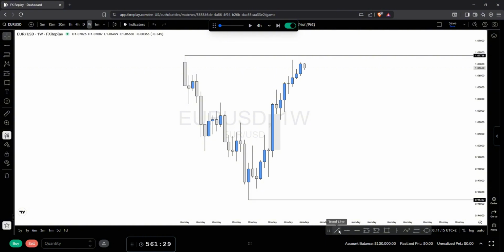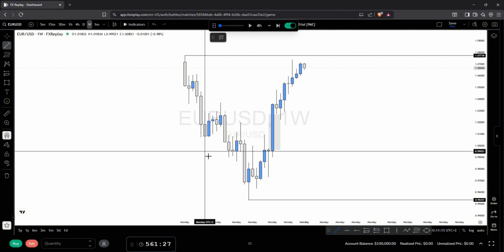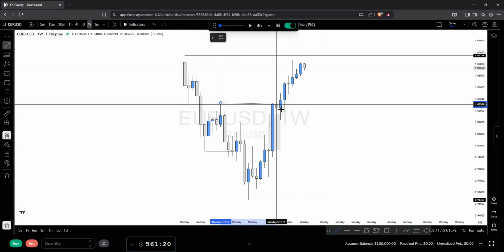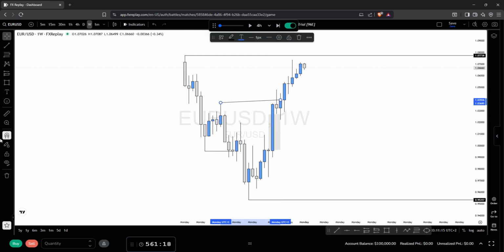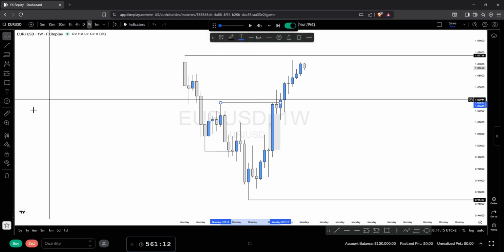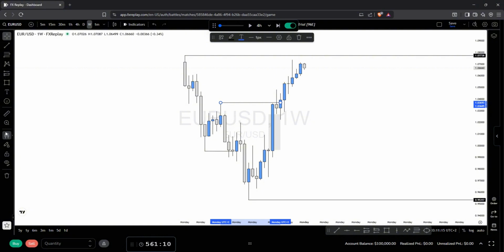And currently I would say, judging from this break of structure here to this change of character right here, the market has shifted structure from bearish to bullish, right? Remember, this is a high time frame. So yeah, let us see how we move on from there.